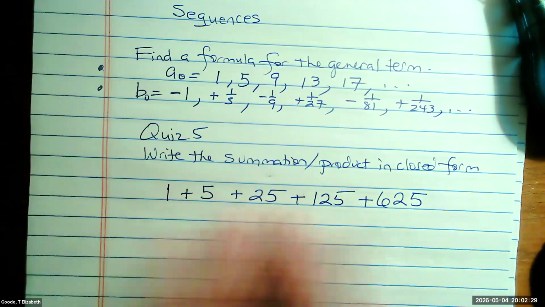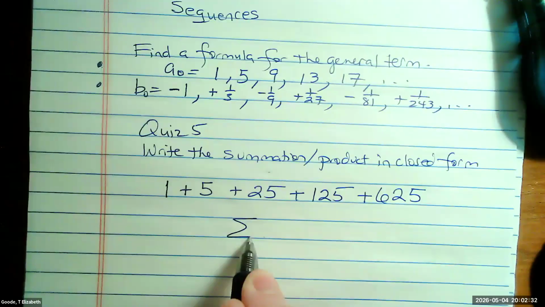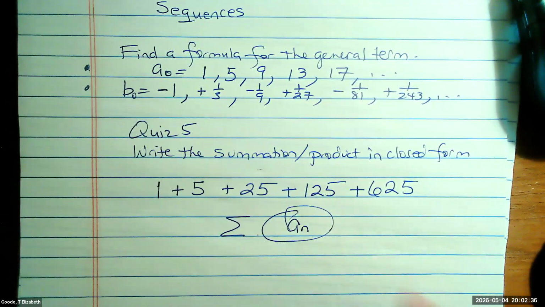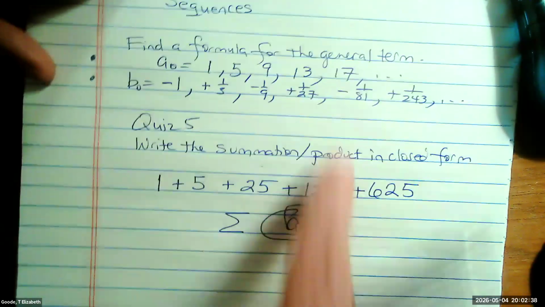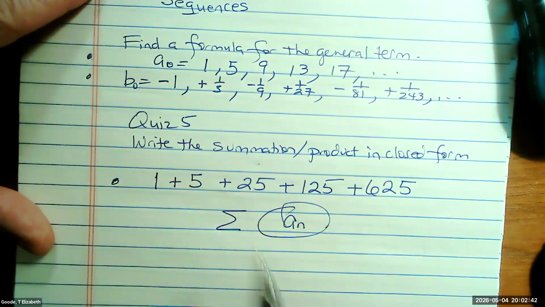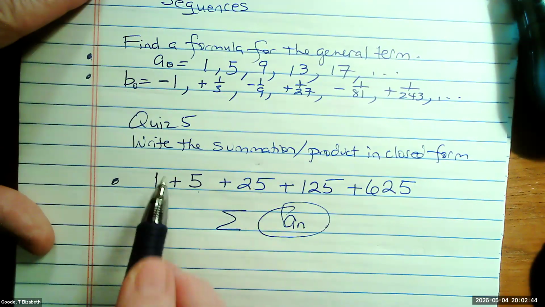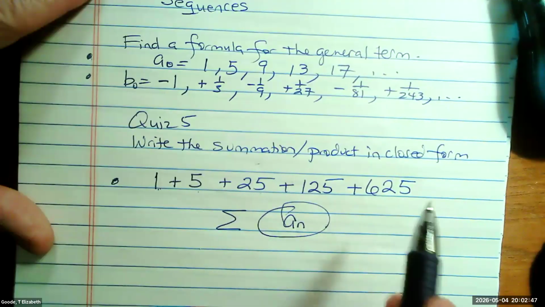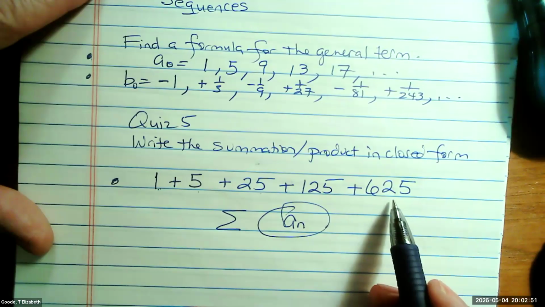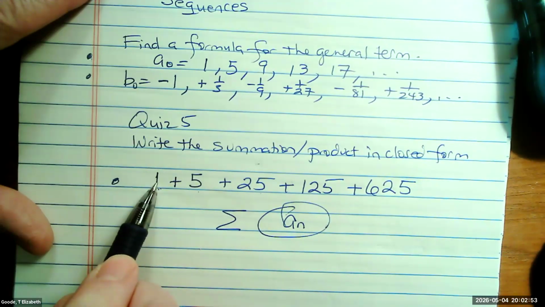Okay? So to write that as a sum, you have to be able to find A sub n. You have to use what you learned here, right? Because these are the terms of the sequence 1, 5, 25, 125, 625. It's a geometric sequence with common ratio 5. See what I mean? An initial term 1.